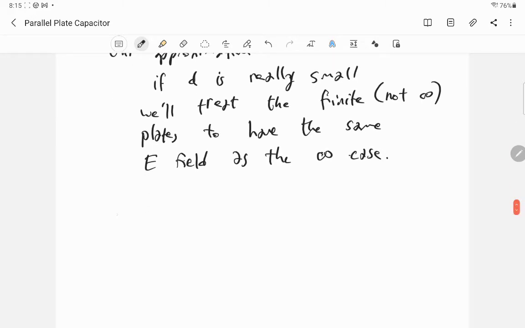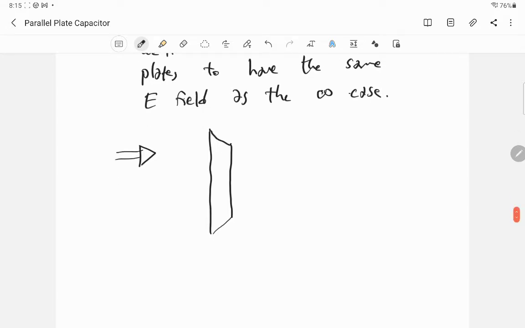So what this means is we're going to take our two finite area plates. So this is area A, and here's another one. This is the edge, the front edge of them, so it sort of looks three-dimensional. Here is the x-axis.